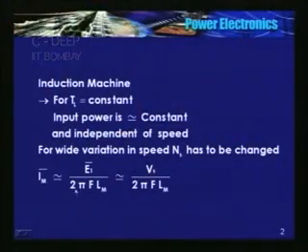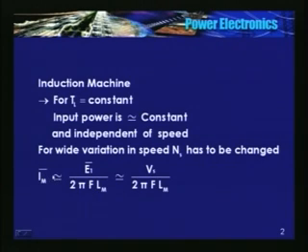So therefore, see in this equation, the magnetizing current Im is equal to E1 divided by 2 pi f into Lm. Actually it is not approximate, this is equal.